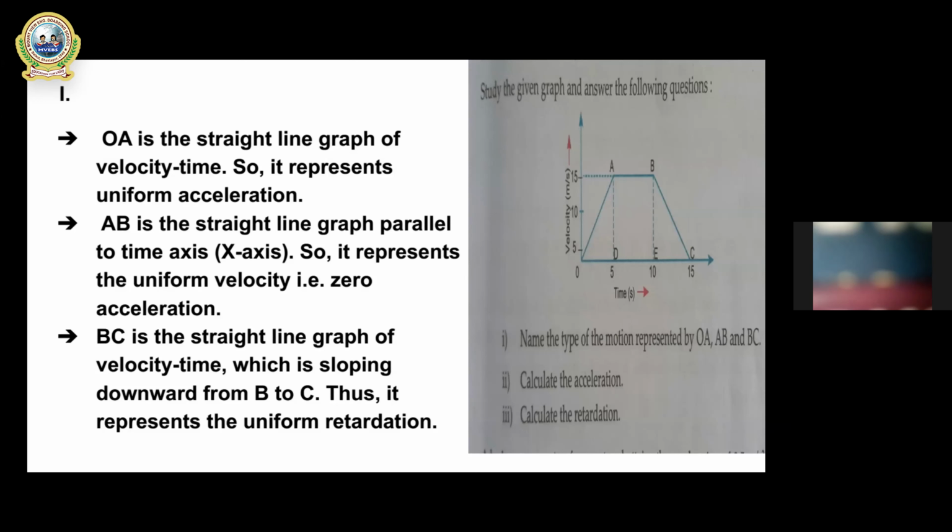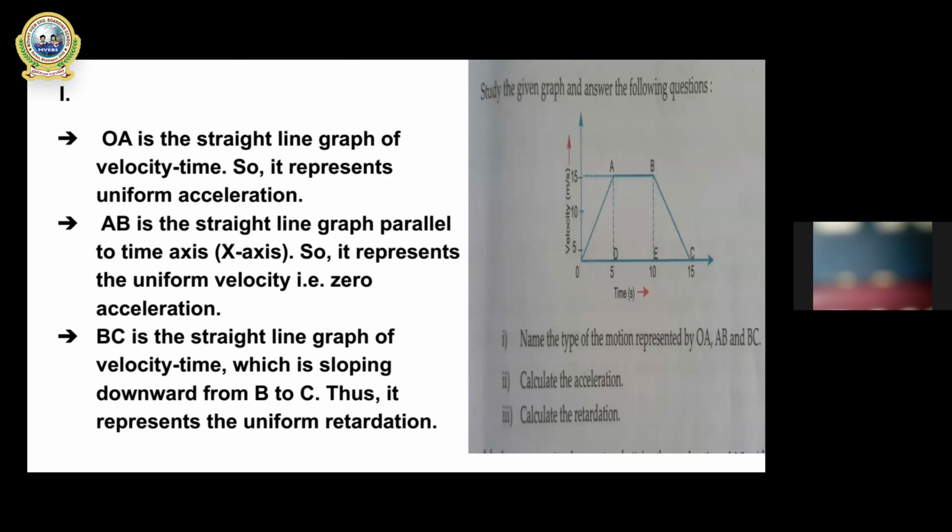OA is a straight line on a graph of velocity and time, so it represents uniform acceleration. And whenever you use only the word acceleration, class 9, that is obviously positive acceleration. So OA represents uniform acceleration, which is positive as well.